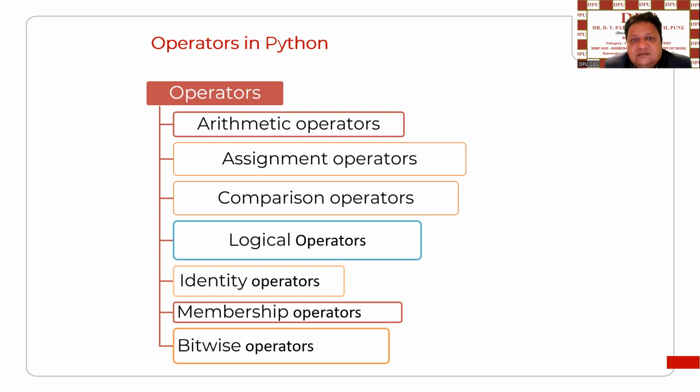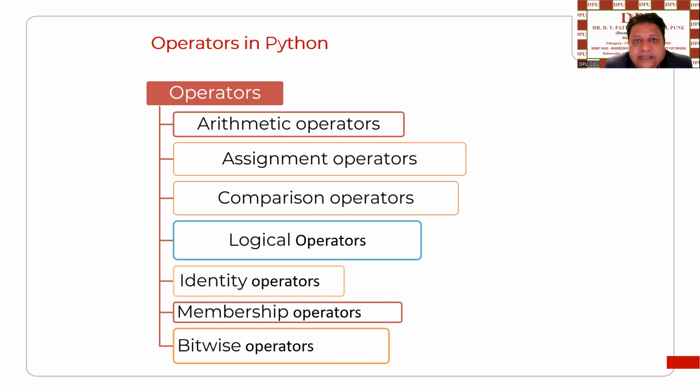The next one is assignment operators. The order here is not that important; I have taken it randomly. It doesn't mean that arithmetic operators are given the first choice and assignment operators the second, so don't take it that way.